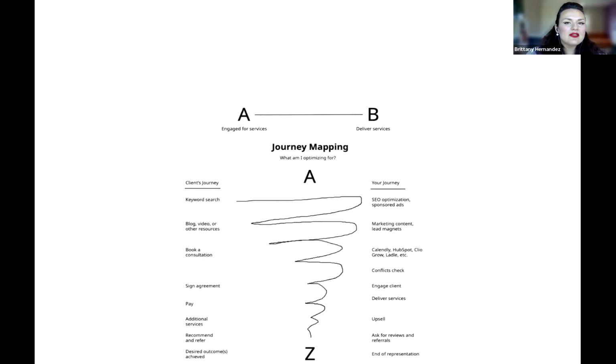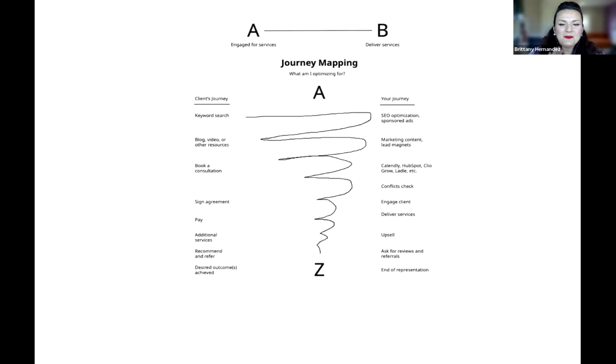And actually, when I thought about it a little bit more, the journey for our client starts a lot farther back. And then for us, there's a lot of different things that go on behind the scenes that the client doesn't see. So I think of it more as this hand-drawn spiral that you see here in the middle of someone actually going from A to Z with us, because there might be other opportunities to upsell. The journey can start farther back.